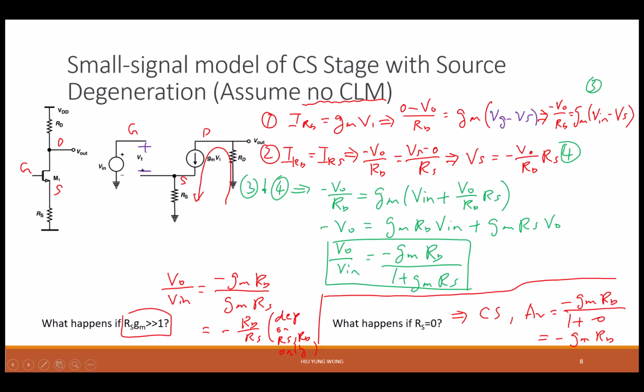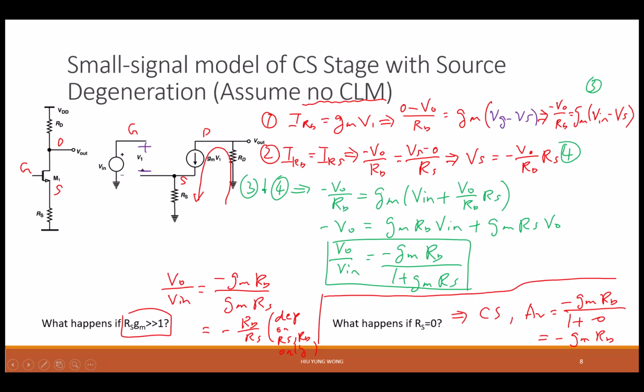So my goal is to find out what the gain is. So how do we do that? Well, there are not many choices. Just do KCL, right? So the current going through the RD is what? I_RD must be equal to gm V1.